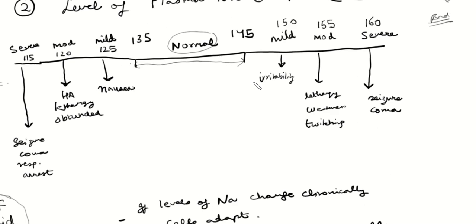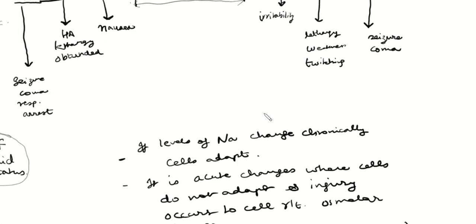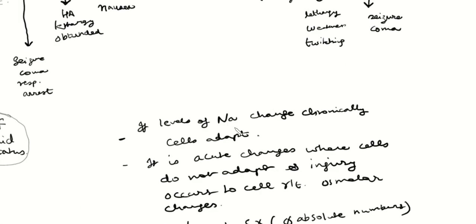There's another aspect to this, which is if the levels of sodium change chronically or over a longer period of time. So let's say this is my cell and the levels outside start to go up slowly for the sodium. And remember, because it's a sodium and fluid problem, the tonicity will increase as well.